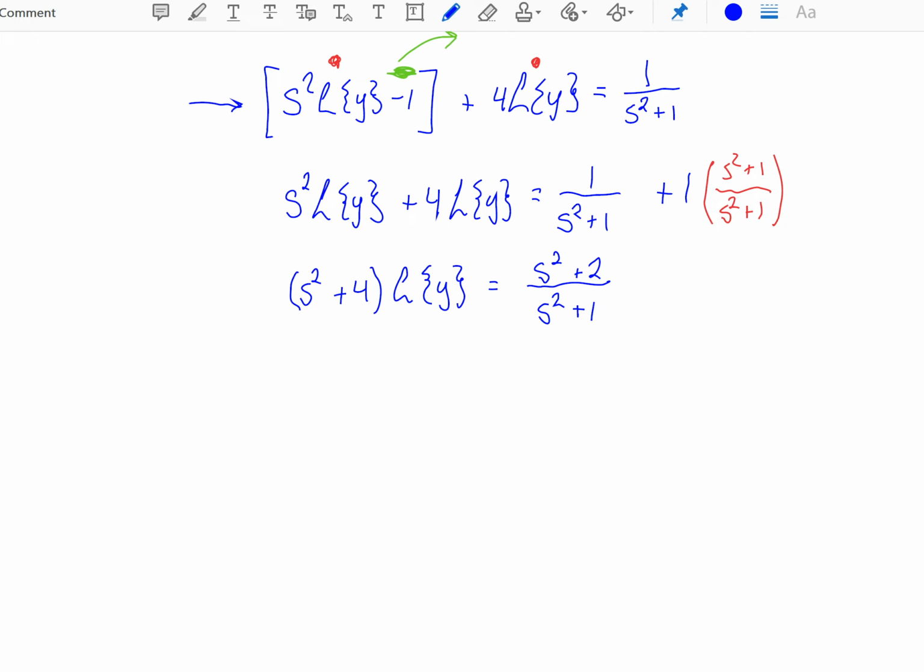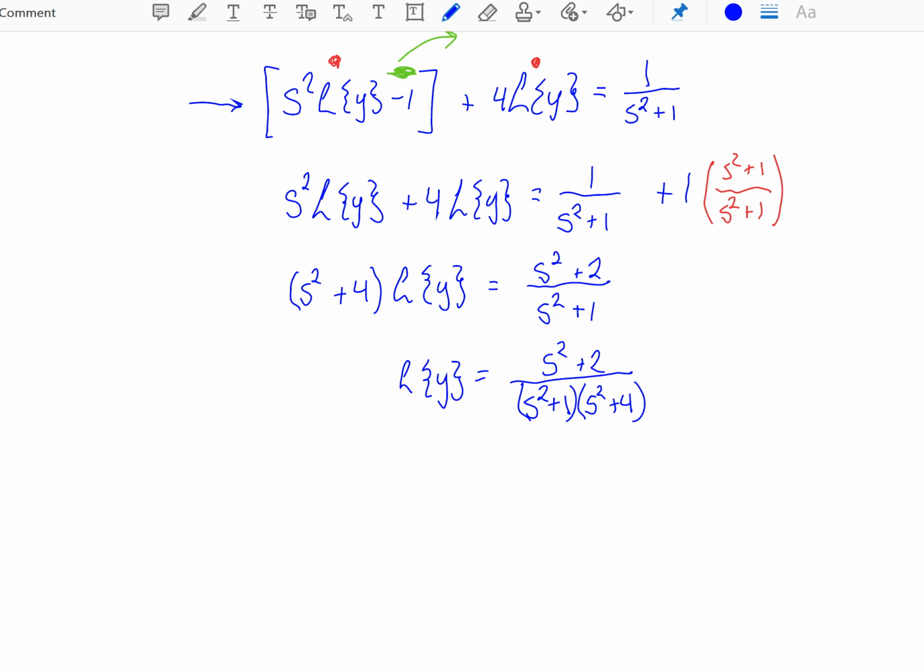Now we want to get Laplace of y by itself, so we'll divide both sides and write the Laplace of y is equal to s squared plus 2 over s squared plus 1 times s squared plus 4.